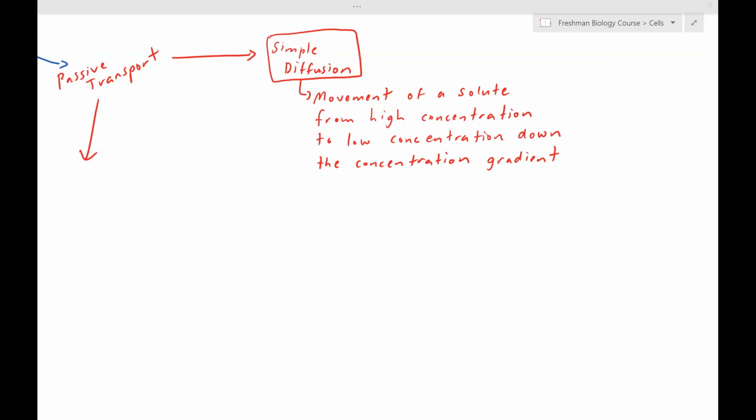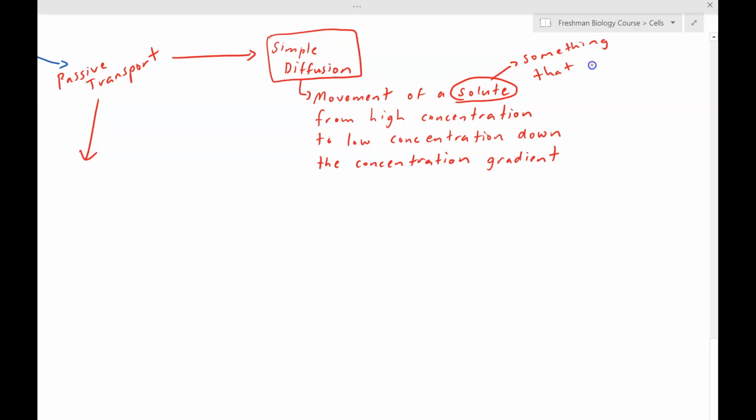All right, so for simple diffusion, go and get this down that it is the movement. So this is again, guys, the fancy, sciencey definition of diffusion, but really diffusion is very straightforward. The movement of a solute. So when we say solute, we're saying something that dissolves in a solvent, like Kool-Aid powder.